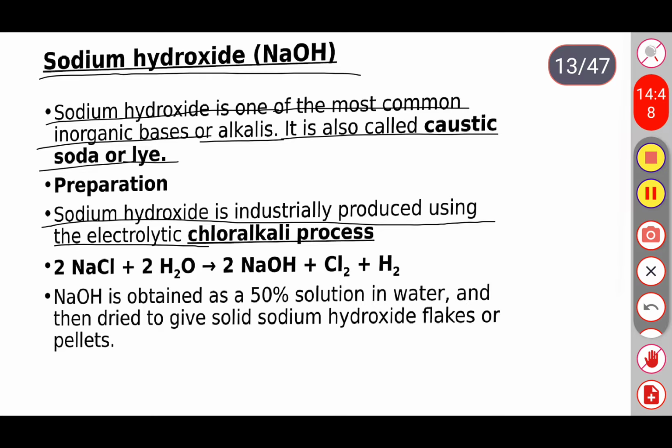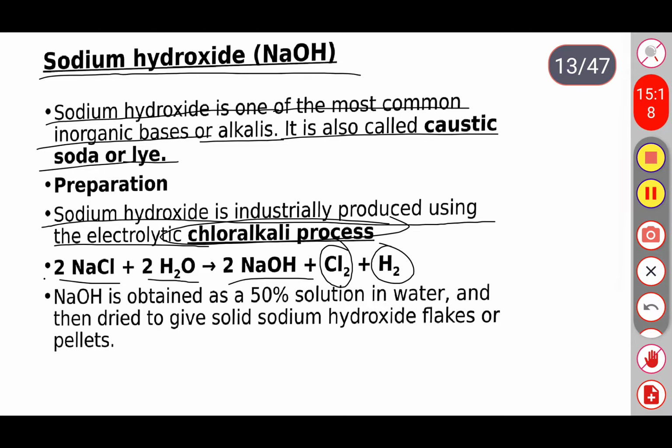So that electrolysis process we call the chloro-alkali process, chloralkali process. Okay, see here, when sodium chloride is added in water, it forms sodium hydroxide along with chlorine and hydrogen gas.